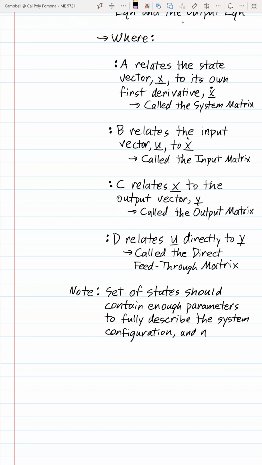And no more. So you need to be careful with your state vector that you are capturing just the right amount of states for that system. You don't have too few states, you don't have too many states.